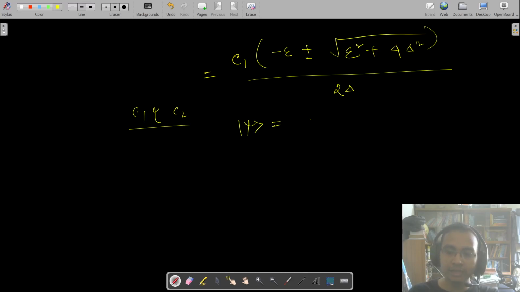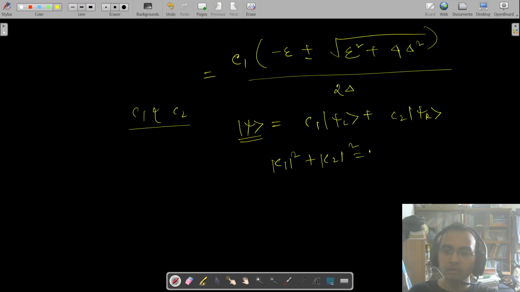Namely, we have written the eigenstate as a linear combination of the states psi L and psi R. This has to be normalized, so that means |C1|^2 plus |C2|^2 is 1. So let's use that. The first one remains untouched, but we know from this equation that C2 written in terms of C1 looks like this.